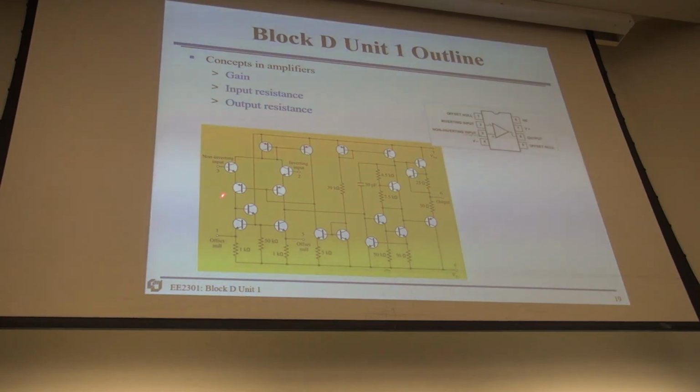Fortunately, you don't have to learn this. When I was a student, we learned from here. This is called a discrete component amplifier. You use each individual transistor and resistor and so on to construct an amplifier.